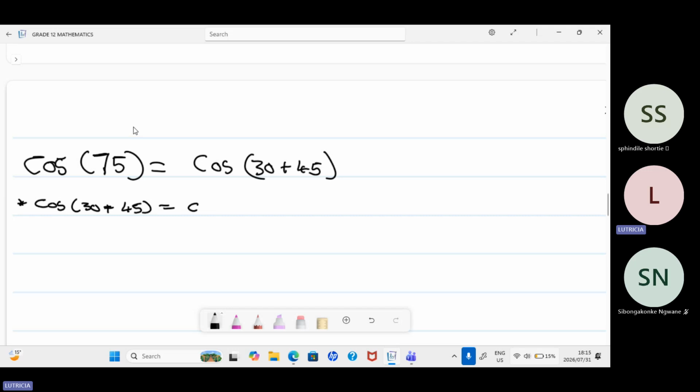Okay, cos 30 cos 45 minus sine 30 and then sine 45.